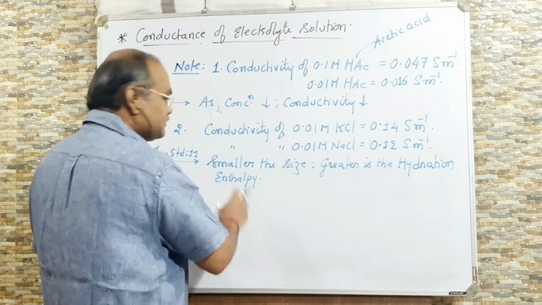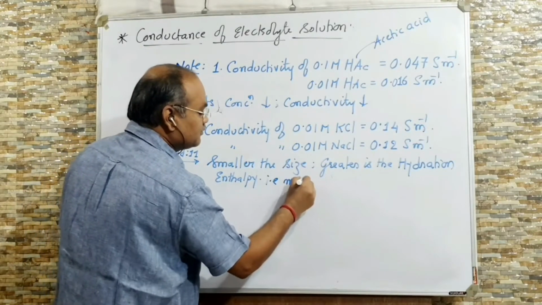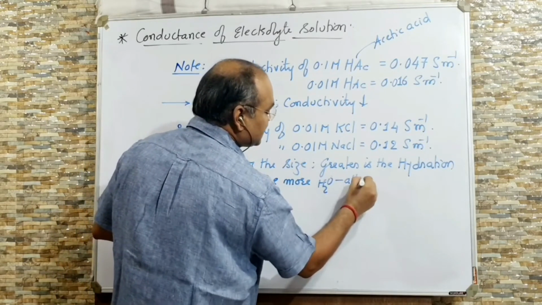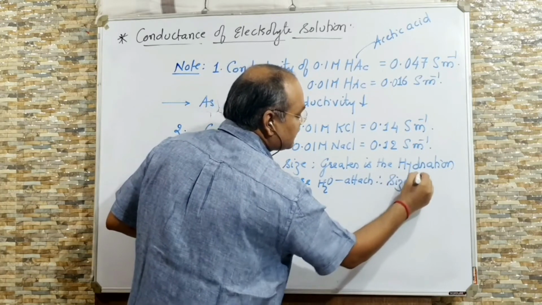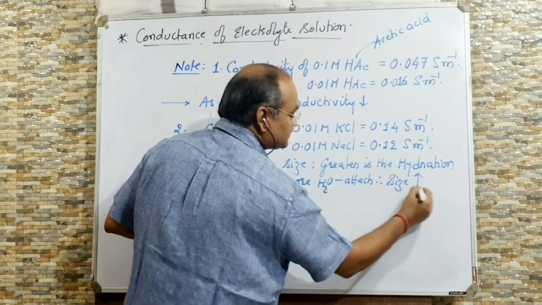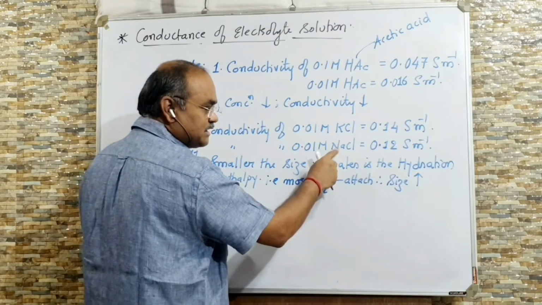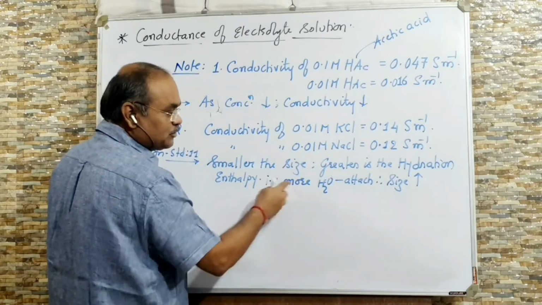Clear? So more is the hydration enthalpy, more H2O is attached, therefore size increases. I am not talking about the size of Na, I am talking about the size of the particle when Na is dissolved in water, because water molecules are attached to it.